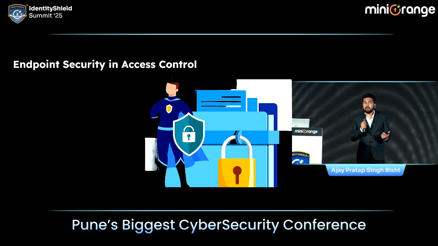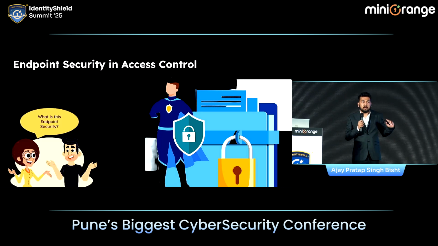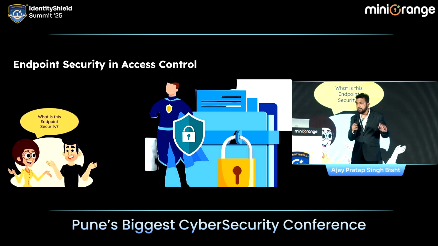Then we were talking about the endpoint, what we discussed in the device health part. We discussed endpoint security and how it plays a role in access control. Endpoint security includes things like CASB, DLP, MDM, and unified endpoint management. There are many more things.